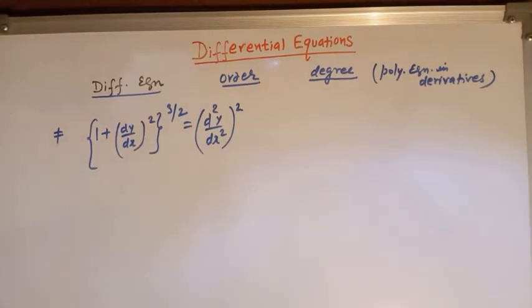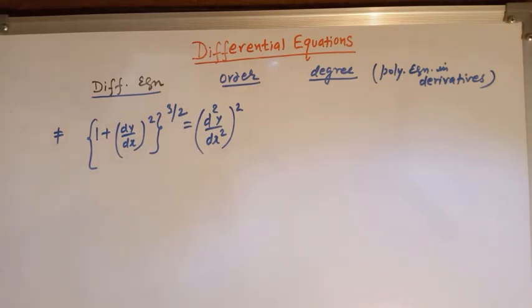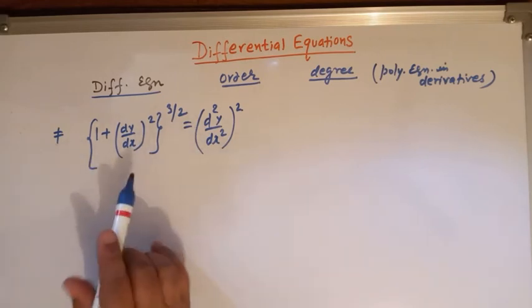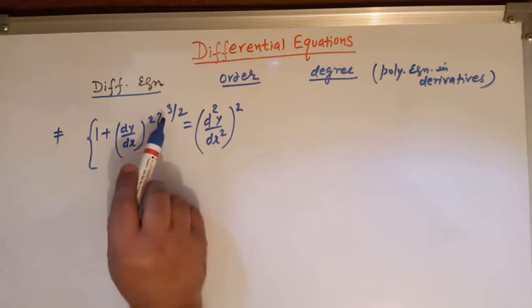Now viewers, here let us take one more problem. Here we see that we have this differential equation in a form where a radical sign is involved. Clear?